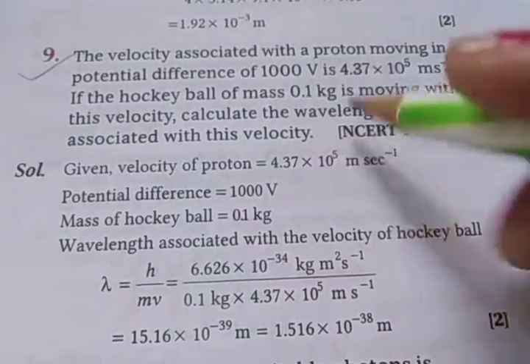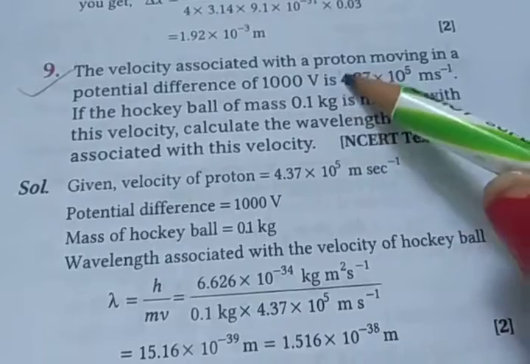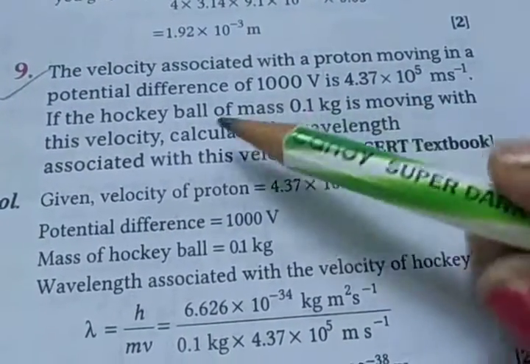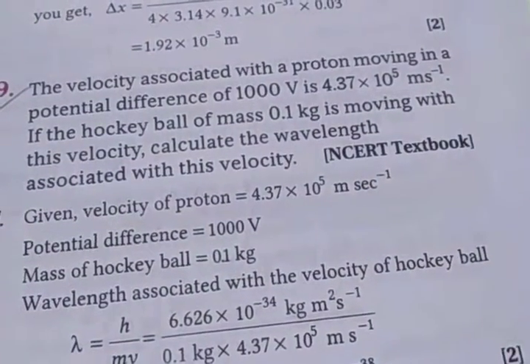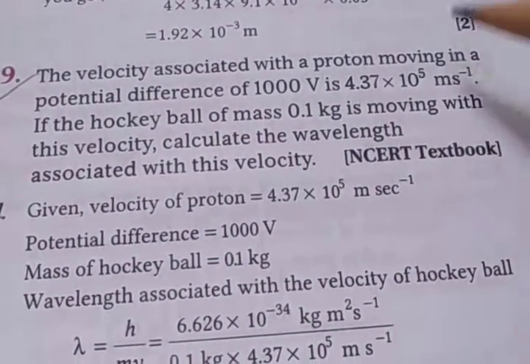Next question is, the velocity associated with a proton moving in a potential difference of 1000 volt is 4.37 into 10 to the power 5 meter second inverse.